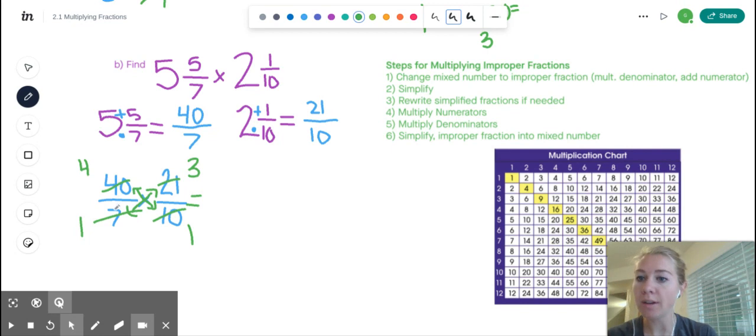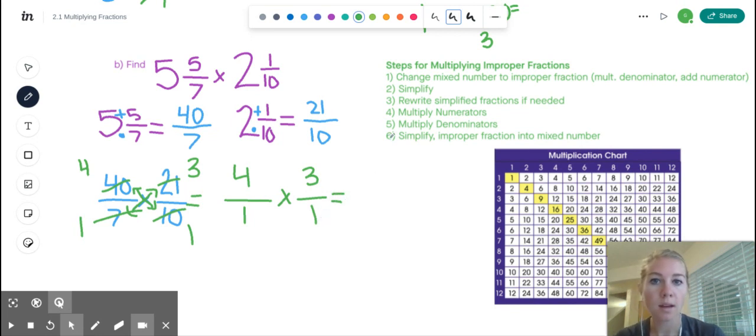So our 40/7ths turns into 4 over 1. And our 21/10ths turns into 3 over 1. Wow, look at how much smaller these numbers are. It's fabulous.